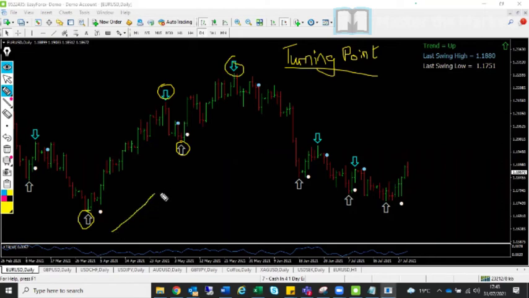So we have a low, a high, a higher low, and a higher high in an uptrend. Now, by the nature of this move, it means that turning points will occur at each of these lows and highs.